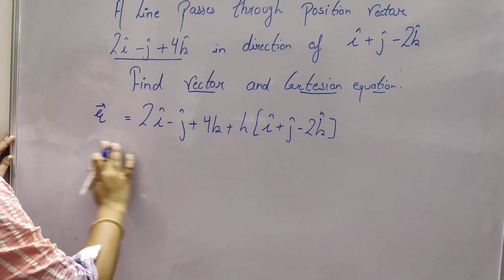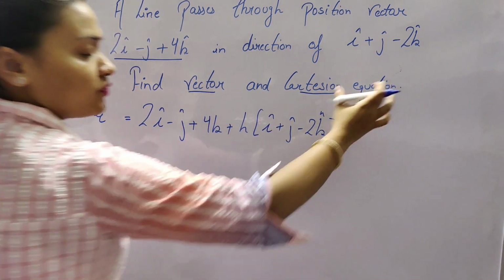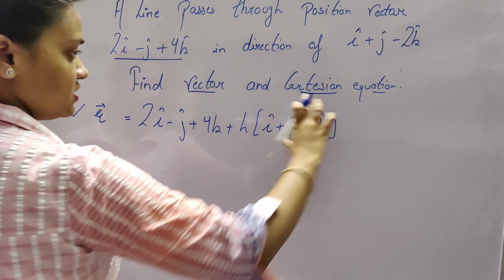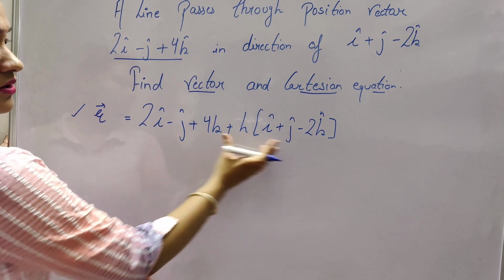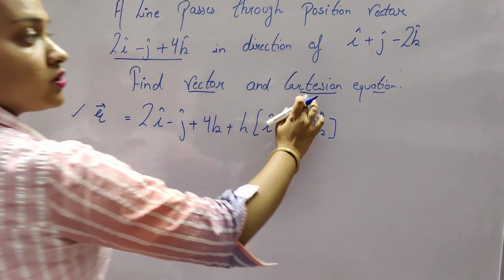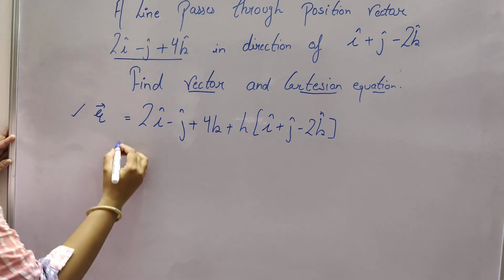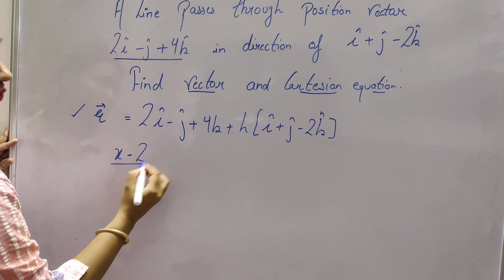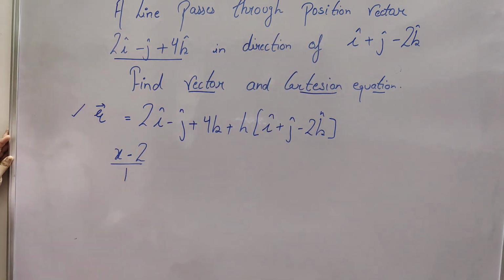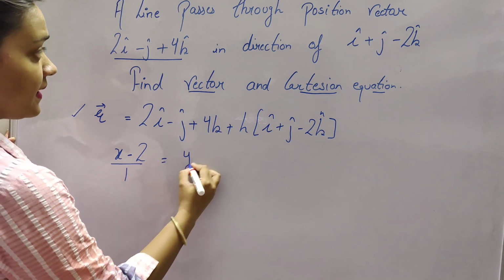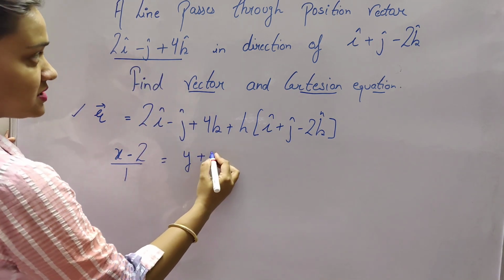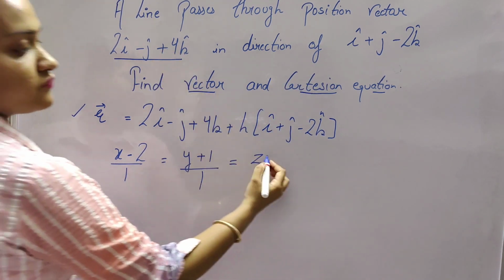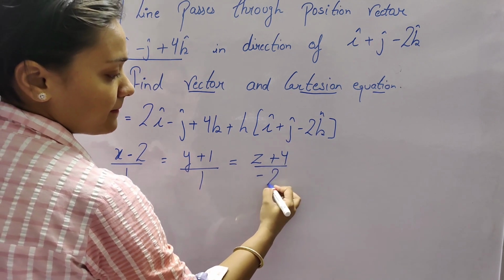This is how you are going to solve an equation where you have to form a vector equation. When you have to form a vector equation, just write r is equal to position vector plus alpha times direction vector. If you are going to form a Cartesian equation, you are simply going to write (x minus 2) upon 1 is equal to (y plus 1) upon 1 is equal to (z minus 4) upon minus 2.